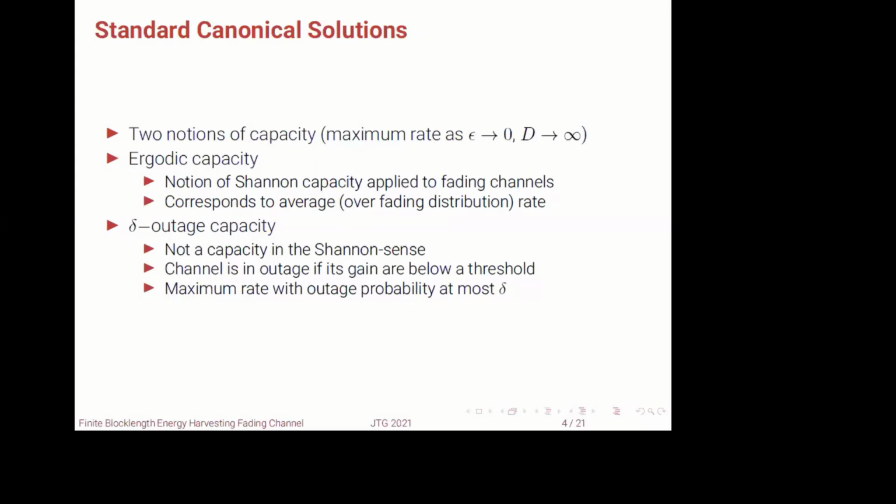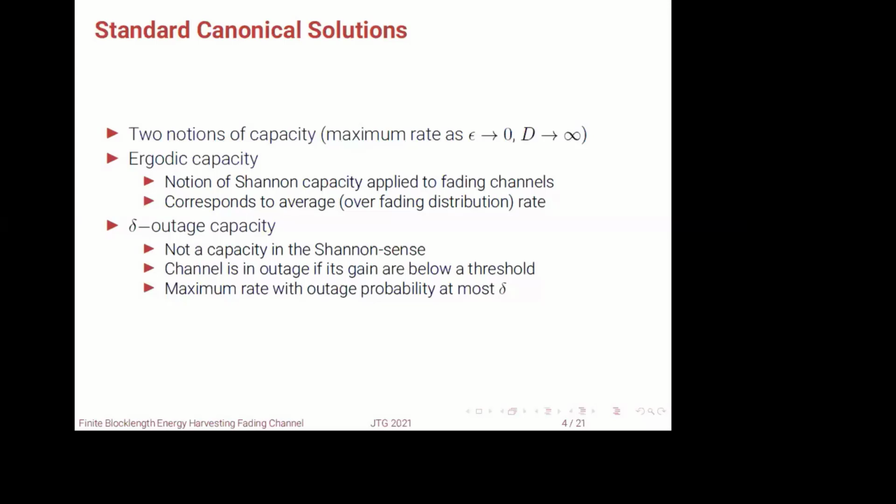code words of reasonably large length. Now there is this other notion of capacity, what is known as the delta outage capacity. This is not a capacity in the strict channel sense. Now, we say that a wireless channel is in outage if the channel gains are too low, and accordingly the overall signal to noise ratio is too low.